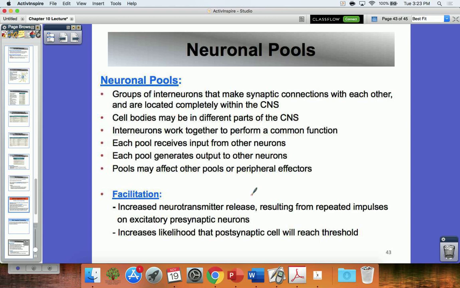Okay, and they're going to be receiving information from other neurons and also taking information out to possibly other neural pools or to muscles or glands. And of course, it has all to do with those neurons that are bringing in information to these neural pools.